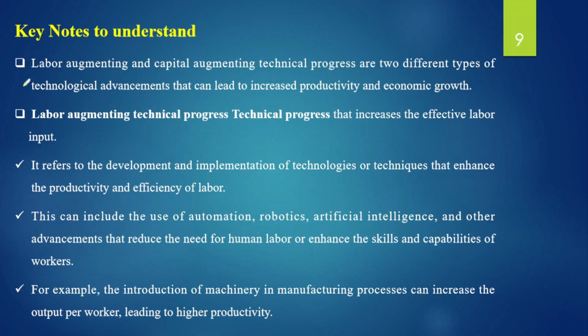The key notes to understand: labor augmenting and capital augmenting technological progress are two different types of technology advancement that lead to increased productivity and economic growth. These are concepts in the Solow model. Labor augmenting technological progress is technical progress that increases effective labor input.